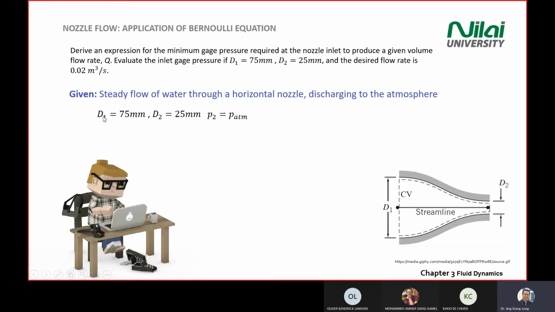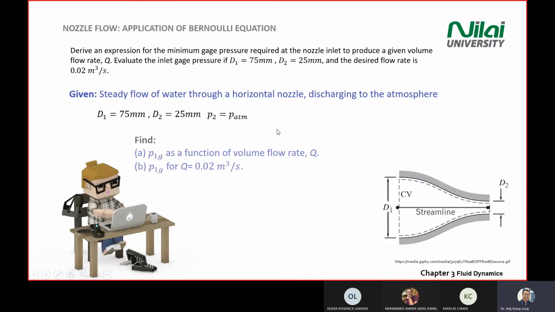We're given the diameter at section 1 or point 1, the diameter at section 2, and the atmospheric pressure at point number 2. We need to find the gauge pressure at point number 1 as a function of flow rate, and find its value when Q is given as 0.02 meter cube per second.